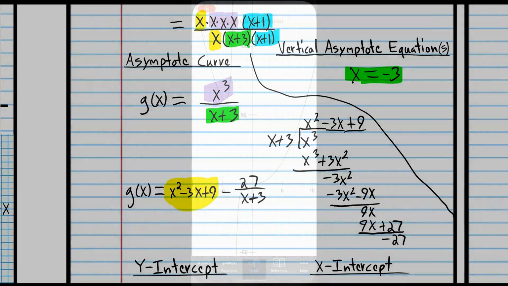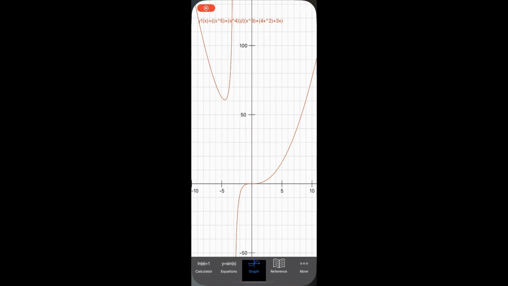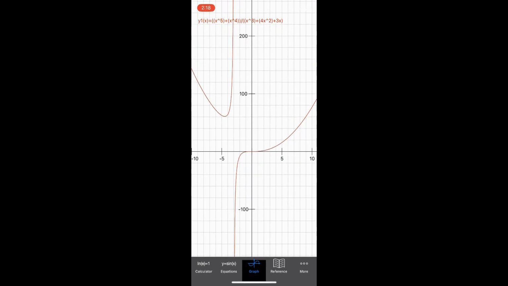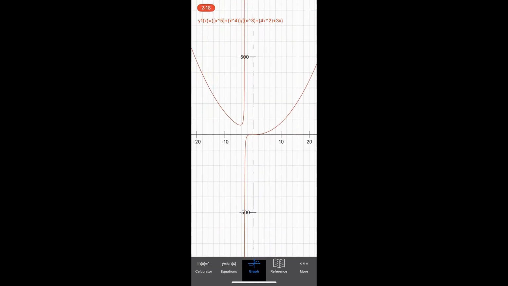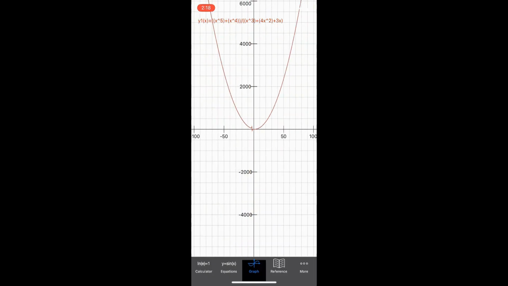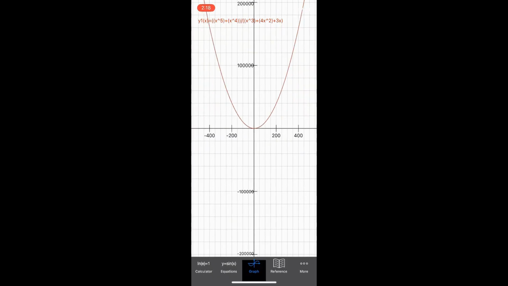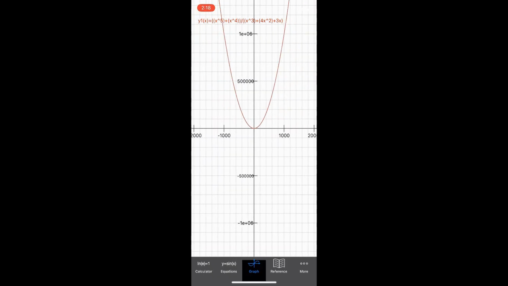That's a parabola. So to demonstrate that, I'm going to use a graphing calculator that you can find on the App Store for your iPhone. It's free. And as we zoom out, you're going to see that the graph is going to look more and more like this parabola, y equals x squared minus 3x plus 9.